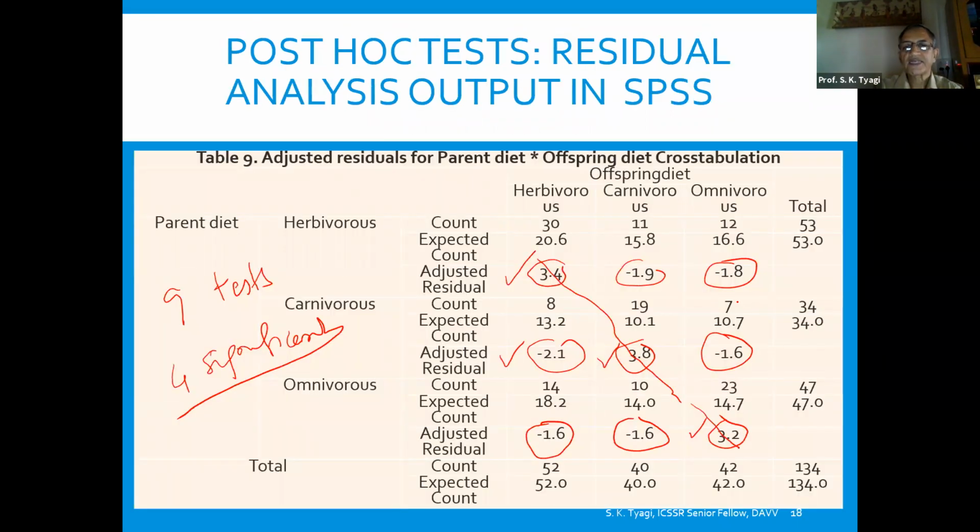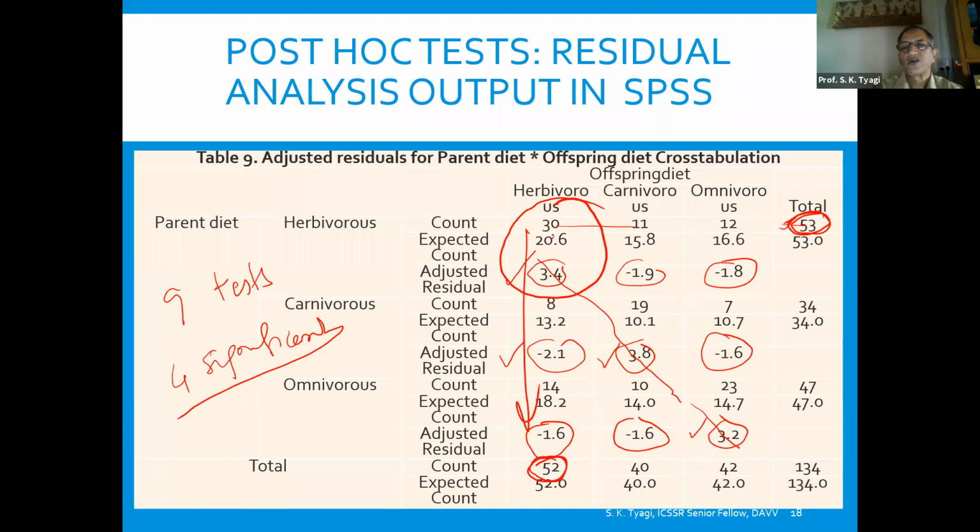Let us take this particular example of one cell. We will see how this comes out to be 3.4. So the row sum is 53. Column sum is 52. This is column sum, this is row sum.